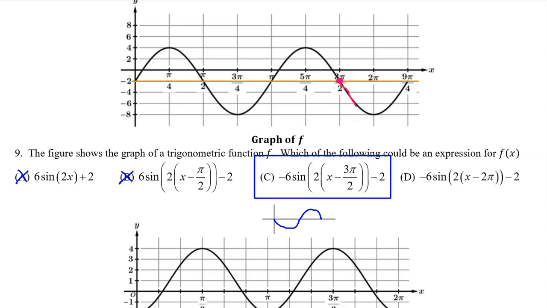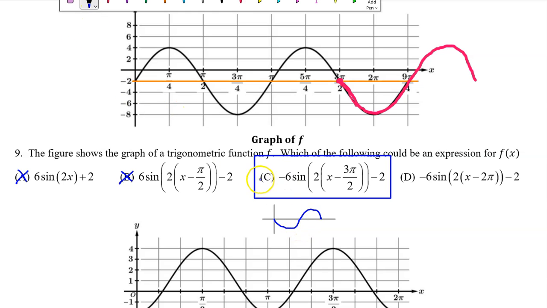So if I begin to trace function g starting at positive 3 pi over 2, and I'm sort of reaching the end of the graph, so I'm just going to continue the pattern, it would look like this. Notice that this pattern is a match for what we expected. It's an upside down sine function. So the answer is going to be C.